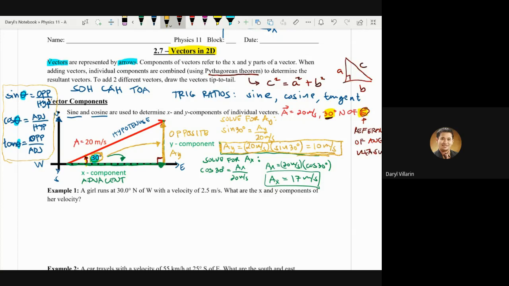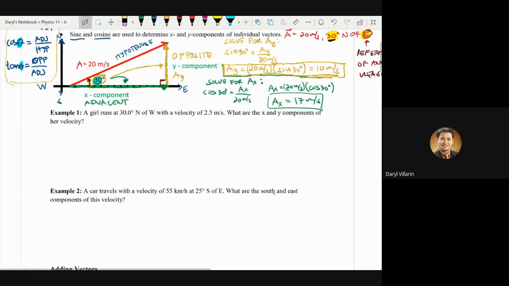So maybe let's try to do example number 1. A girl runs at 30 degrees north of west with a velocity of 2.5 meters per second. What are the x and the y components of her velocity?